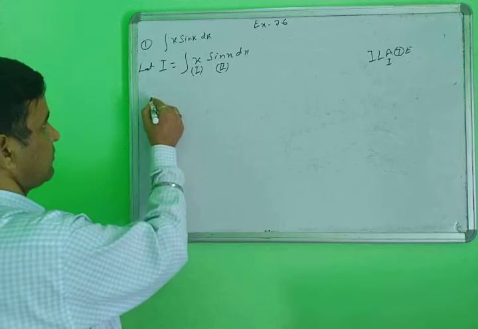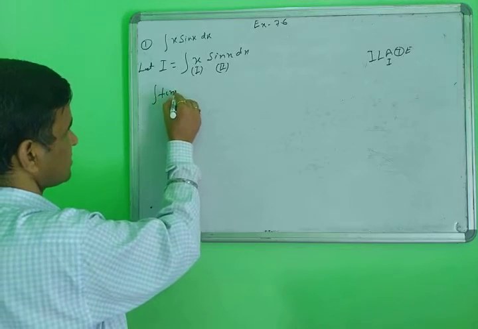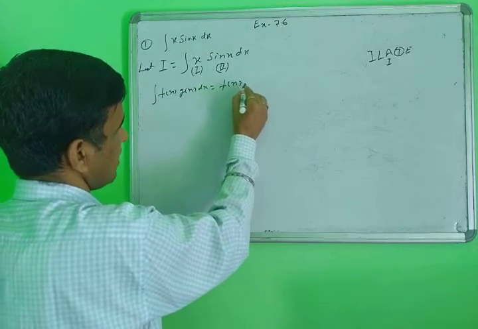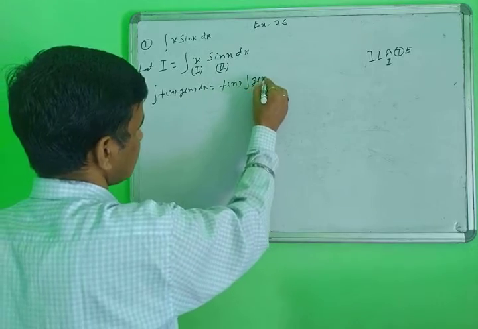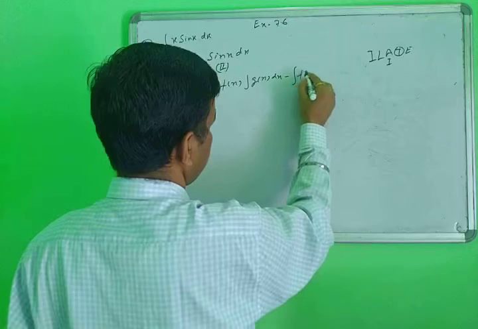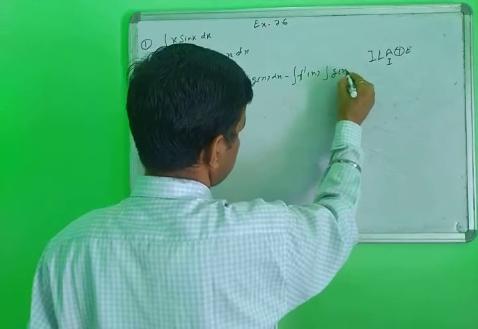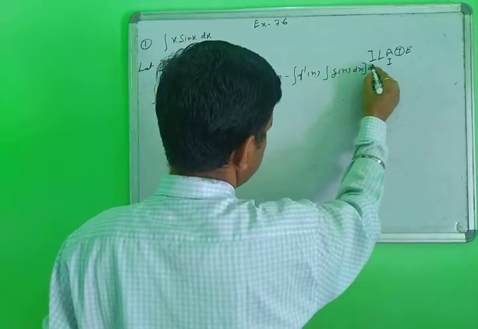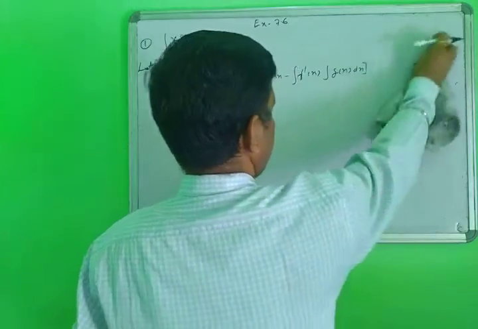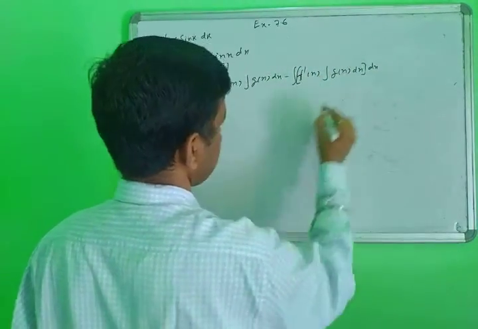According to the rule, for f(x) g(x): the integral of f(x) g(x) dx equals the first function times the integral of the second function, minus the integral of the derivative of the first function times the integral of the second function, dx.